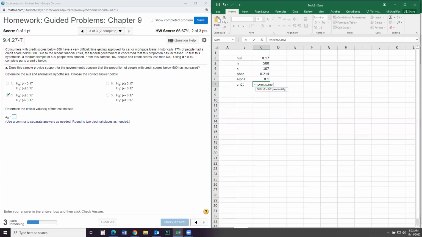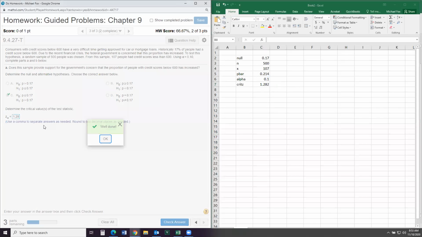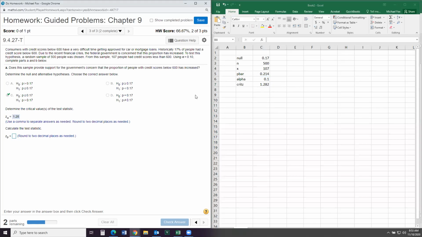Now, in this case, we don't do alpha divided by 2 because it's only a one-tailed test. So if our alpha is 0.1, this is going to return me a negative, so I have to do the absolute value of it. It's 1.282. Only wants 2 decimals, 1.28. There's my critical z.